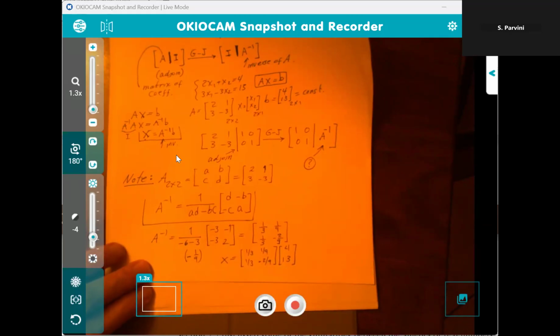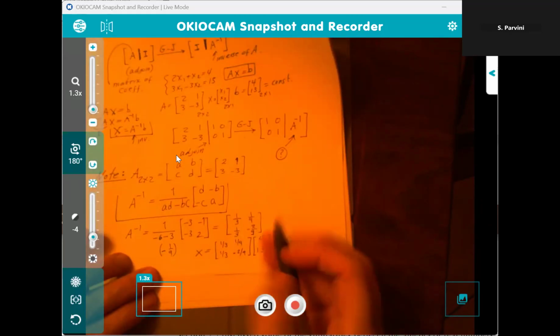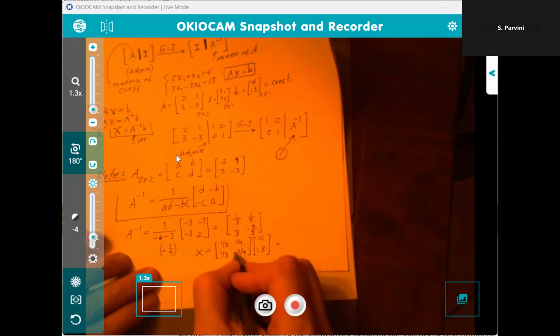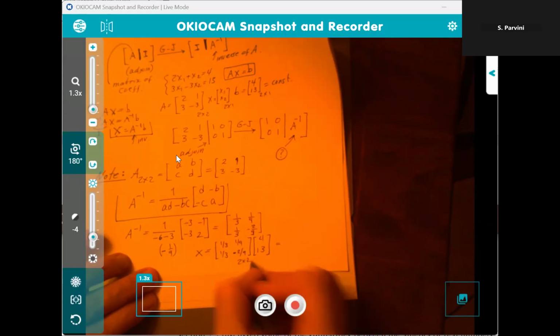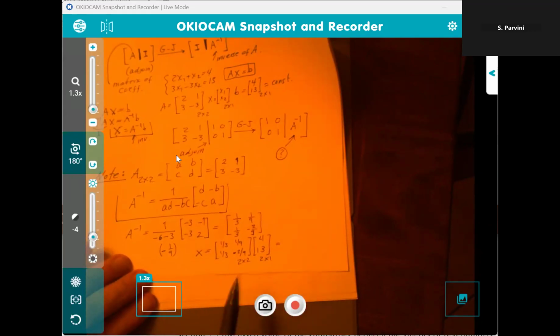And there you go. So how is this going to multiply? Well, I'm multiplying a 2 by 2 times a 2 by 1. If you recall the multiplication, the inside numbers must be the same, and they are.